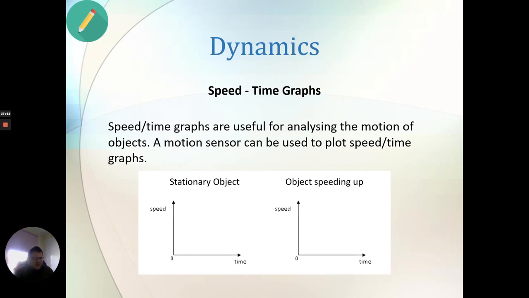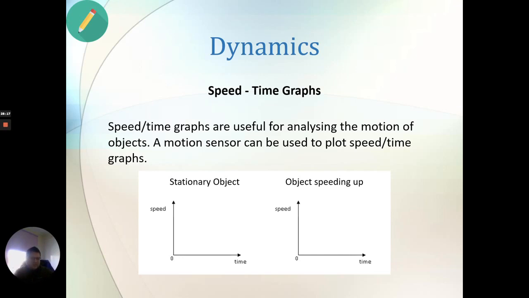It doesn't matter what the unit of speed or time is. For time we could be dealing in hours, seconds, minutes, decades, and speed could be in meters per second, kilometers an hour, furlongs per fortnight. It doesn't really matter, so long as it's a speed on the y-axis and time on the x-axis.